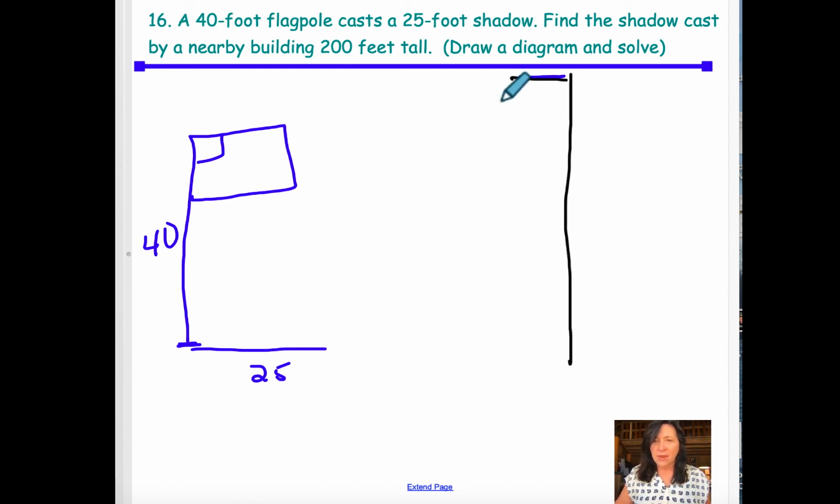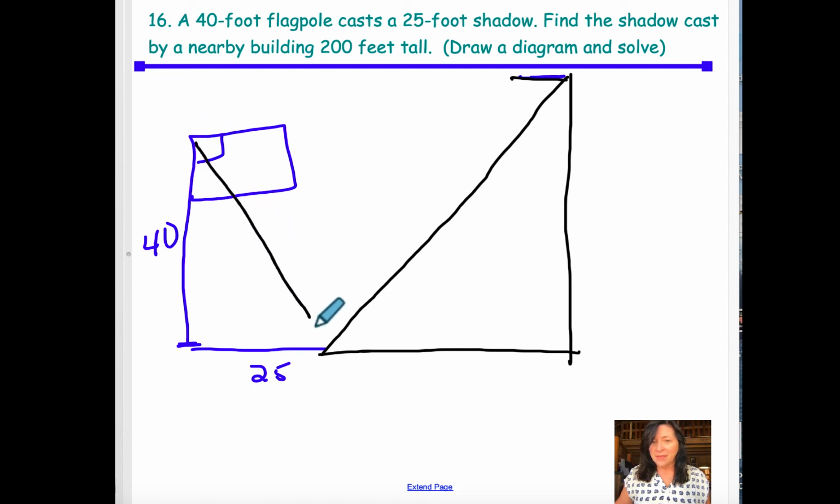And now I basically am going to create another similar triangle, like this, because I would need this little mirror down here to reflect that and give me congruent angles. In doing that, we know these are right angles, and the building is 200. So now I need the shadow cast.